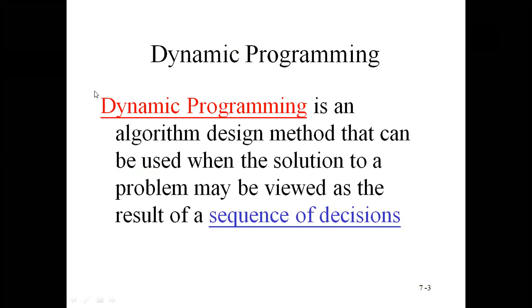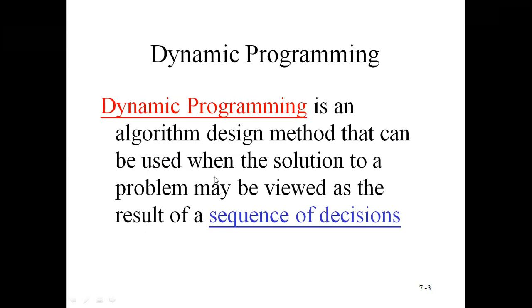What is dynamic programming? Dynamic programming is an algorithmic design method that can be used when the solution to a problem may be viewed as the result of a sequence of decisions. So in our dynamic programming concept, this is an algorithmic design technique.